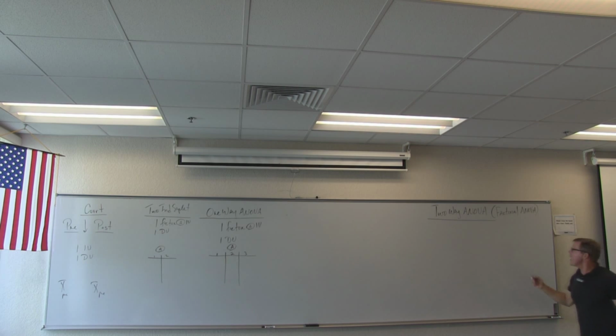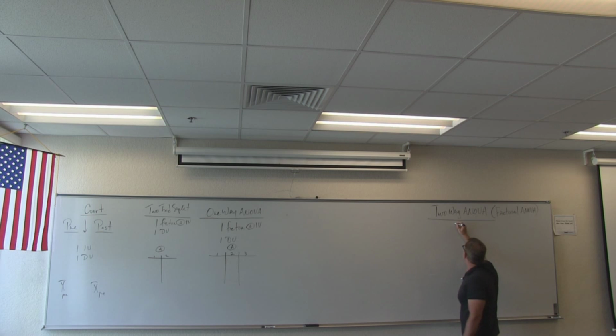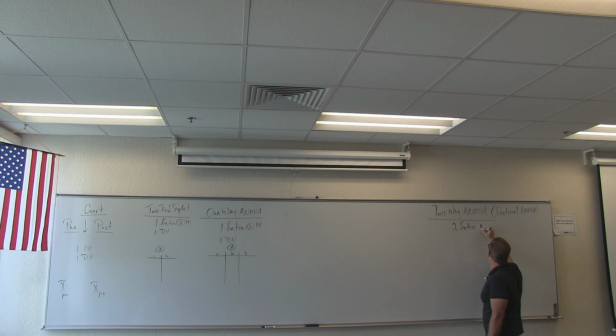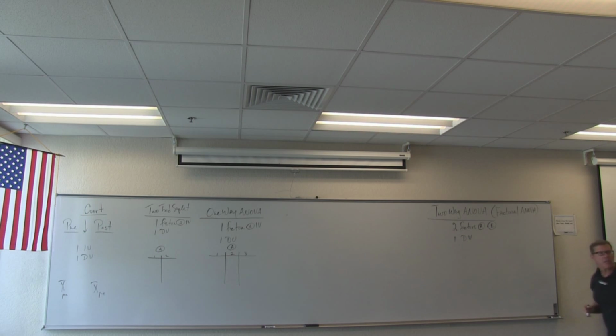In the two-way ANOVA, we have two factors, A and B, and one dependent variable. We have two factors, one independent variable.